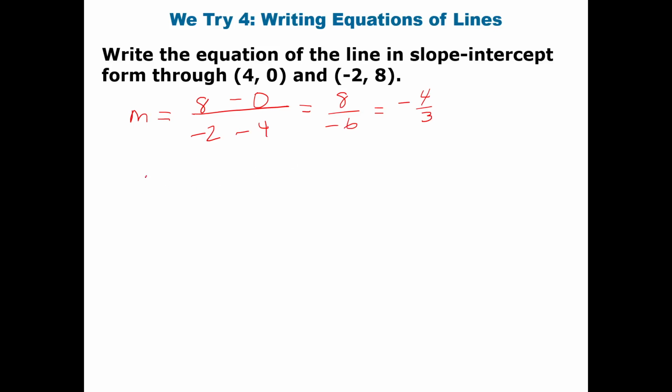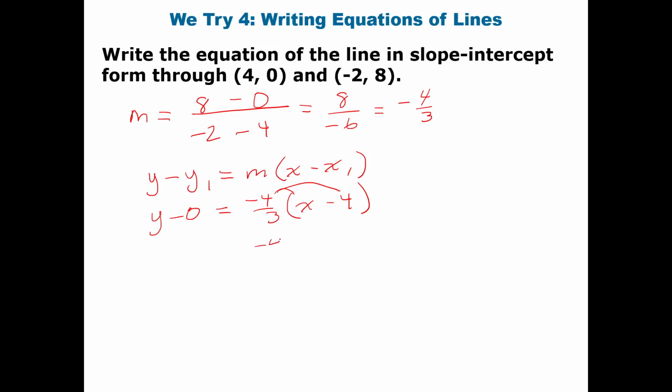Then from here, I just want to find the equation of the line. So I'm going to use this point (4, 0), and I'll do it in the point-slope form way this time. y minus y1 is equal to m times x minus x1. So I'll have y minus 0 is equal to negative 4/3 times x minus 4.